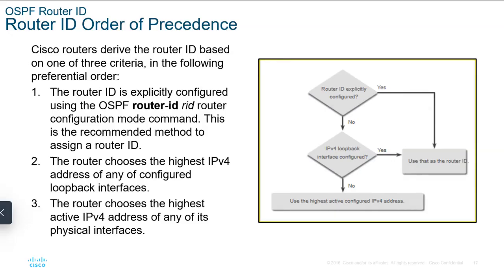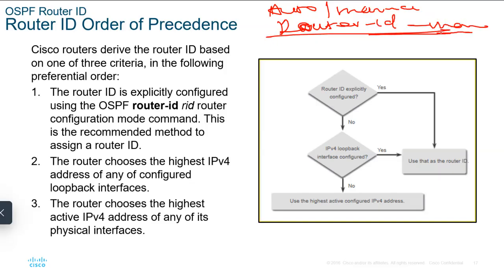Router ID order of precedence, because we say it can be set automatically or manually. Once you use the router ID command, you're setting it manually. But if you don't deal with the router ID, then the router will automatically select its router ID.